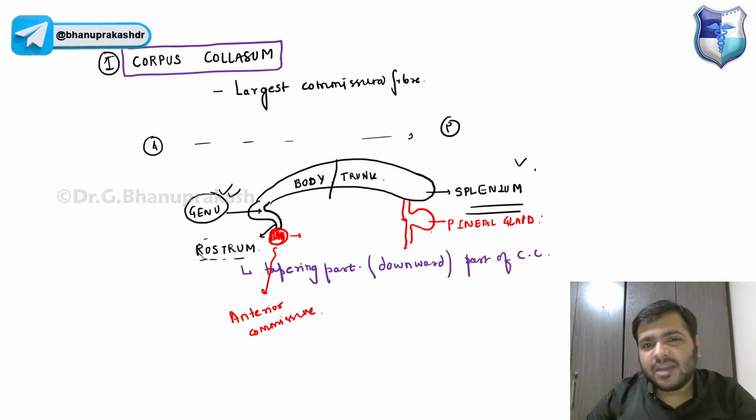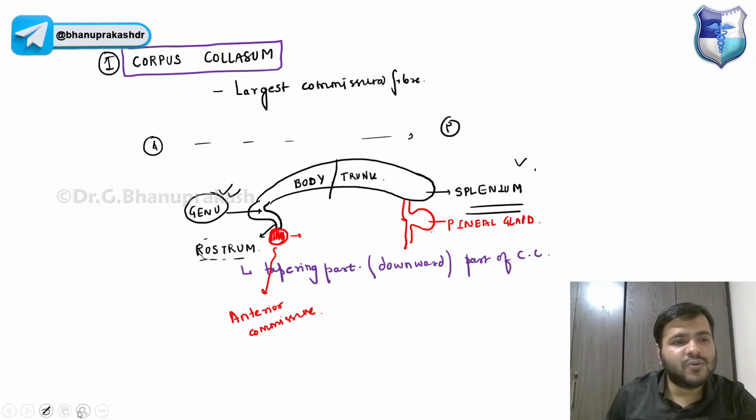Below the splenium of the corpus callosum, guys, you will appreciate this pineal gland, and it will have two laminae. If you can just see, we have this lamina and we have this lamina. So we have a superior lamina and an inferior lamina.